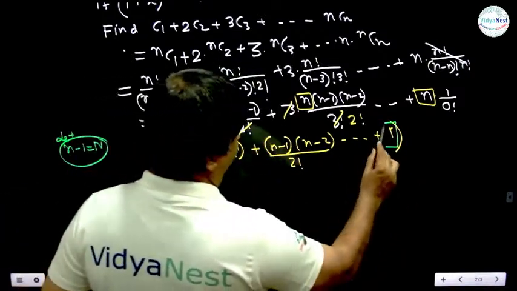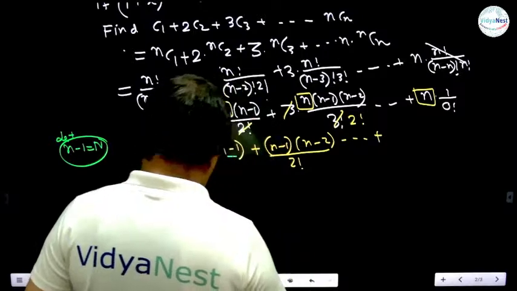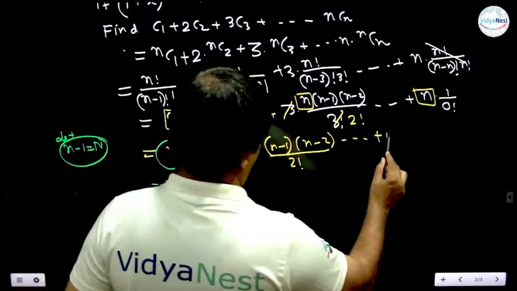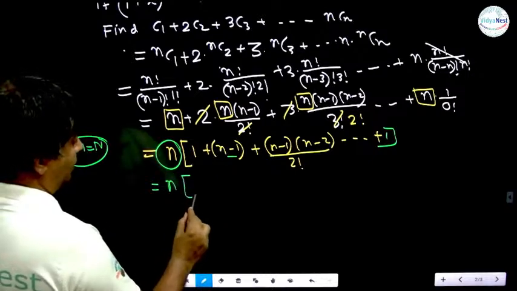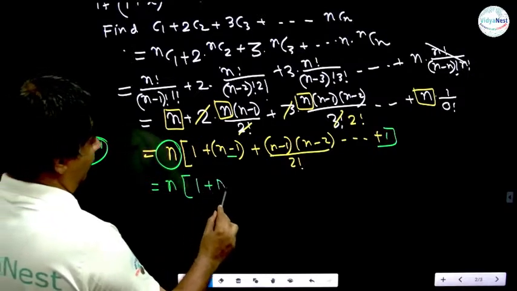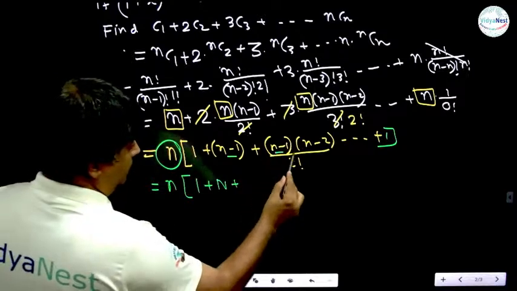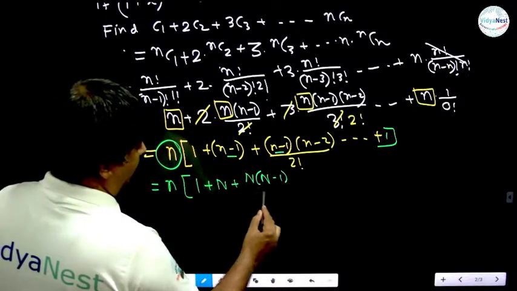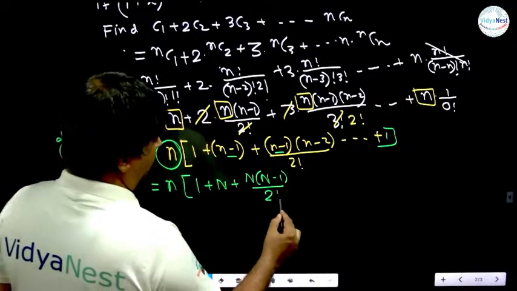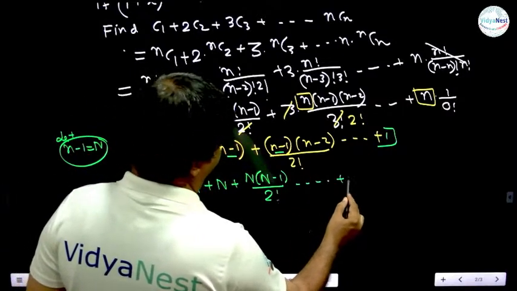So there is no point in disturbing that. I will get what? 1, n, this is n minus 1 by factorial 2 up to 1.